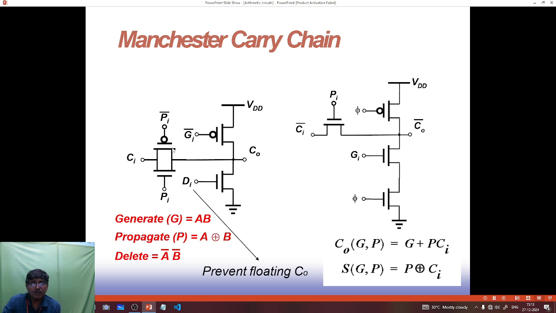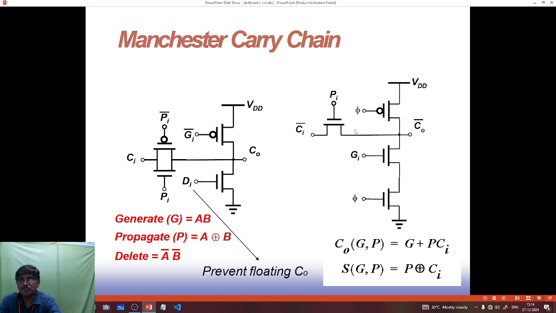Here the PMOS will be active and the NMOS will be active, so Ci will be connected to the circuit. If Di is equal to 1, what happens? This one will be connected to this C naught. Otherwise, if Gi and Di are in the off state, whatever input is at Ci will be transferred to the C naught.